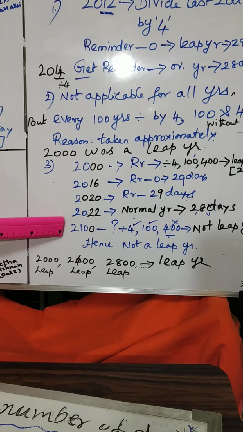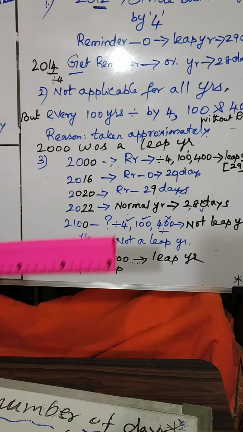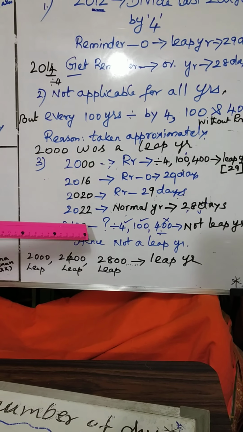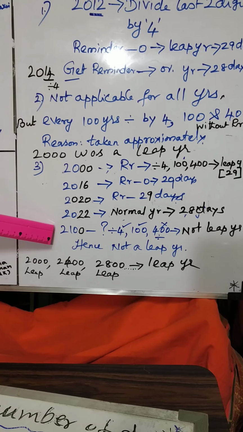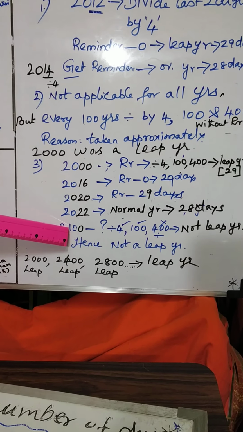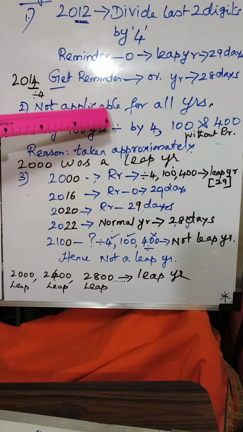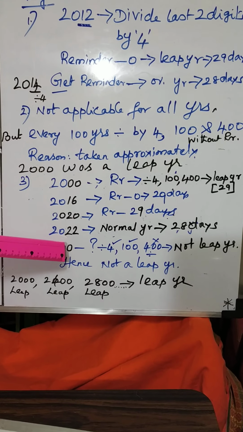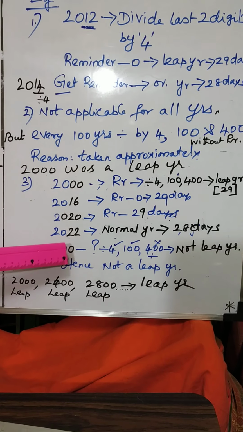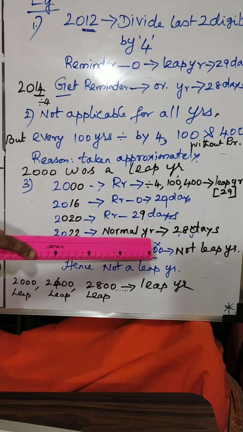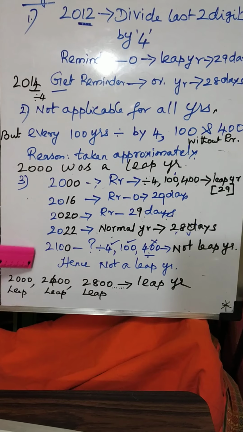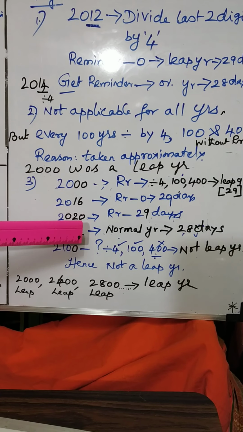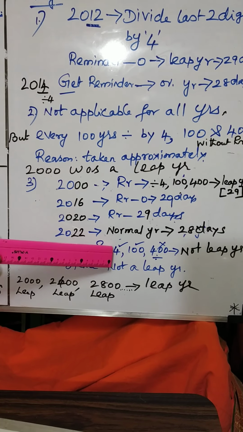We have to keep on doing like that. In the case of 2100, after 2000, I have taken 2100. We have to see, because I have told you already, whether 2100 is divisible by 4, divisible by 100 and divisible by 400. All 3, whether it is divisible or not, we have to test. Now 2100 is divisible by 4, I have put a tick.